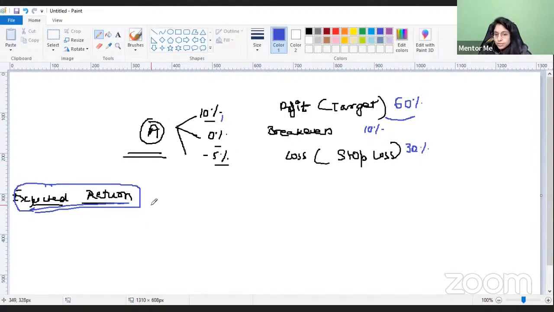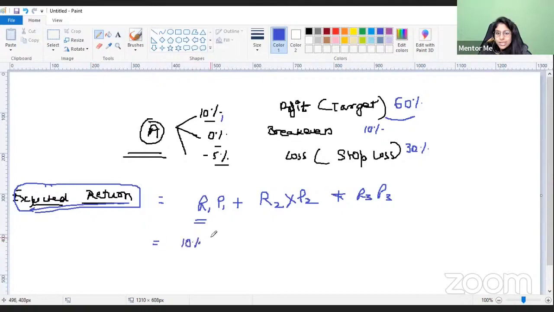We can calculate the expected return by taking the return 1 into its probability plus return 2 into its respective probability, that is इस रिटर्न के होने की क्या प्रोबेबिलिटी है उससे तो मल्टीप्लाई करना पड़ेगा ना. 10% रिटर्न आने की एक प्रोबेबिलिटी है, ठीक है. It's not 100% sure shot that it is going to happen. There's a probability attached to it. So we basically take the respective return numbers and multiply them with the respective probabilities and then add them up to get the expected return.